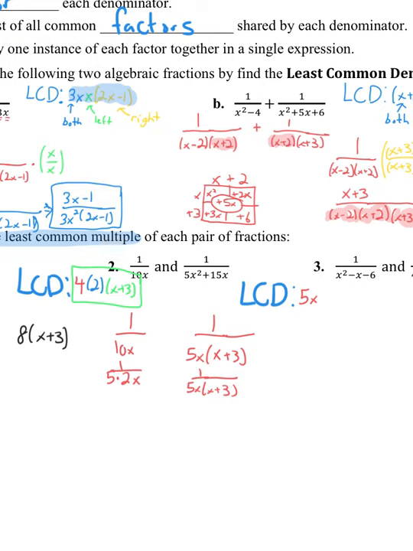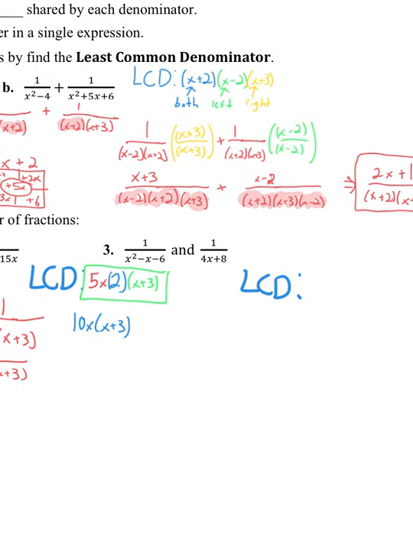The left side is also going to have a 2 that the right side did not have. And then the right side is going to have an x plus 3 that the left side did not have. That would be our least common denominator, 5x times 2 times x plus 3, or you could rewrite it as 10x times x plus 3 if you wanted to combine the 5 and the 2. That's kind of the trick with these problems here.